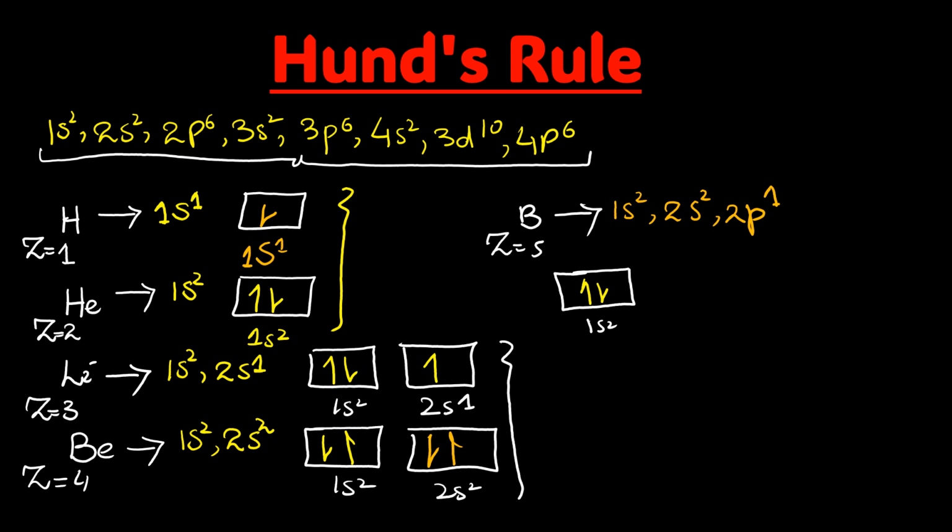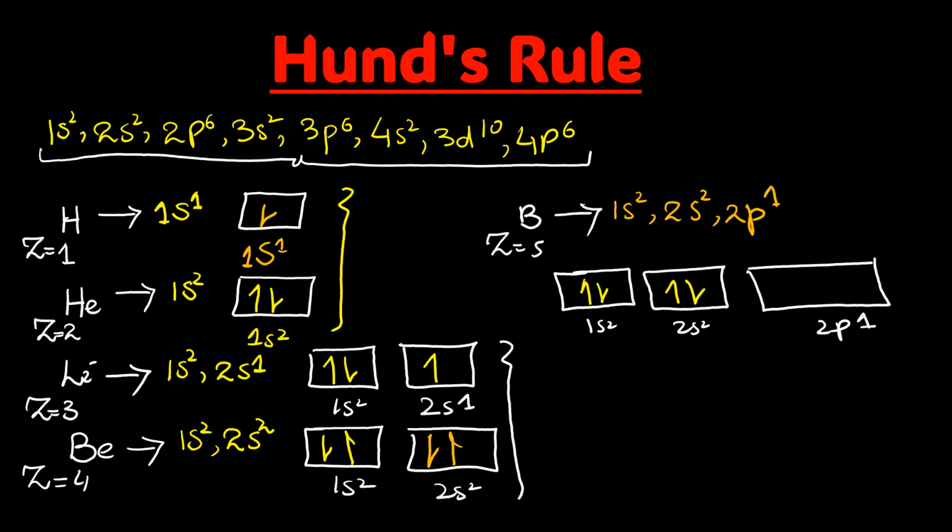The next subshell for boron is the 2s2 subshell, and in the 2s2 subshell boron will occupy 2 electrons with opposite spin. Similarly, the next subshell for boron is p, and the p subshell of boron can accommodate a maximum of 6 electrons.